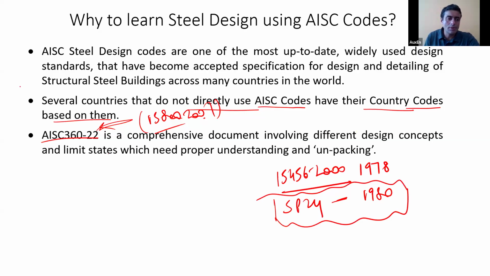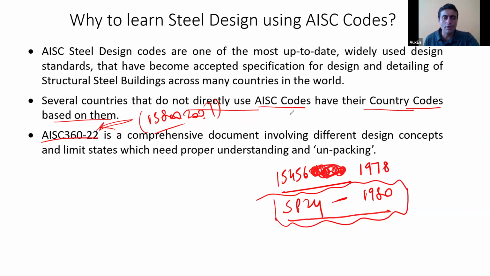Sorry, not 2078. So IS 456, when it was published in 1978, got a commentary or explanatory handbook in the form of SP24 that was published in 1980. Since then, I don't know of any code which has had a commentary or explanatory handbook for it.